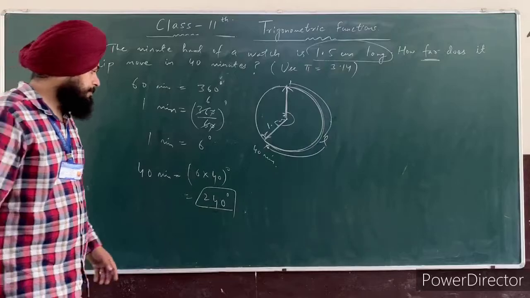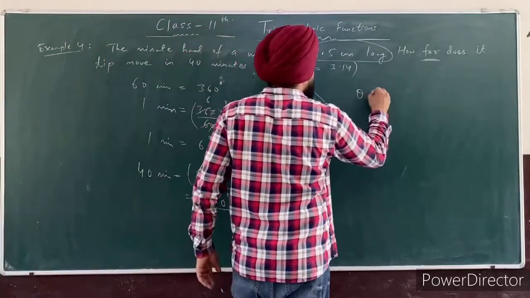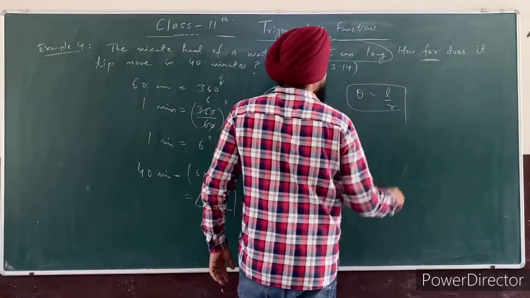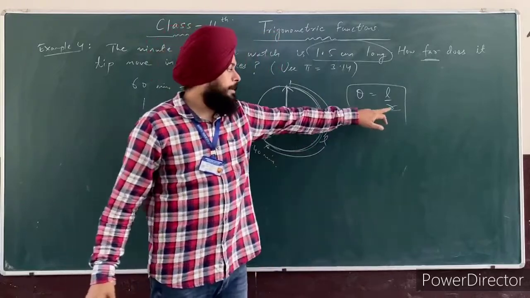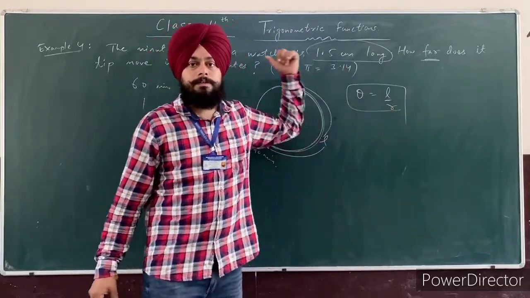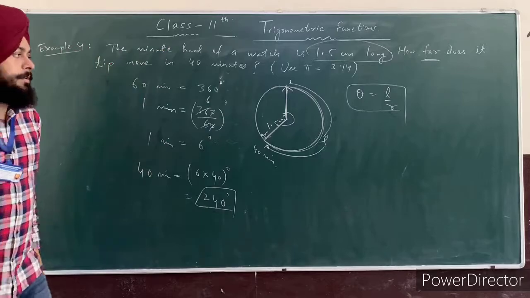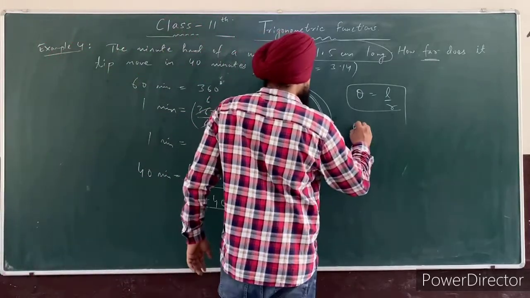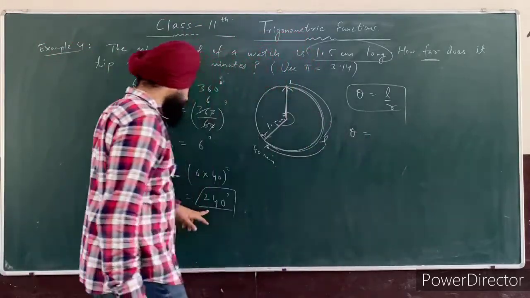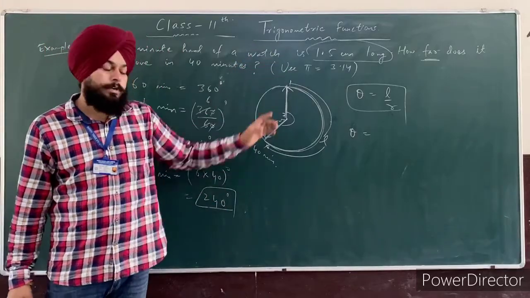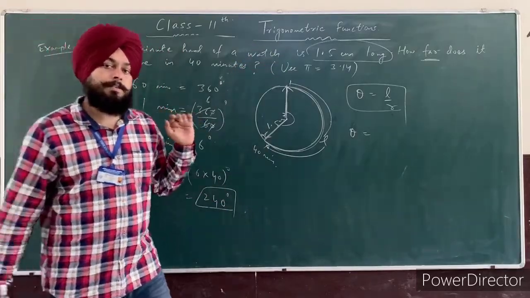Clear students? So next we have to find the relation between theta and r. In this relation we have to find the value of R. It is the radius of that clock. So theta is 240 degree. In this relation we have to convert this degree into radian measure.